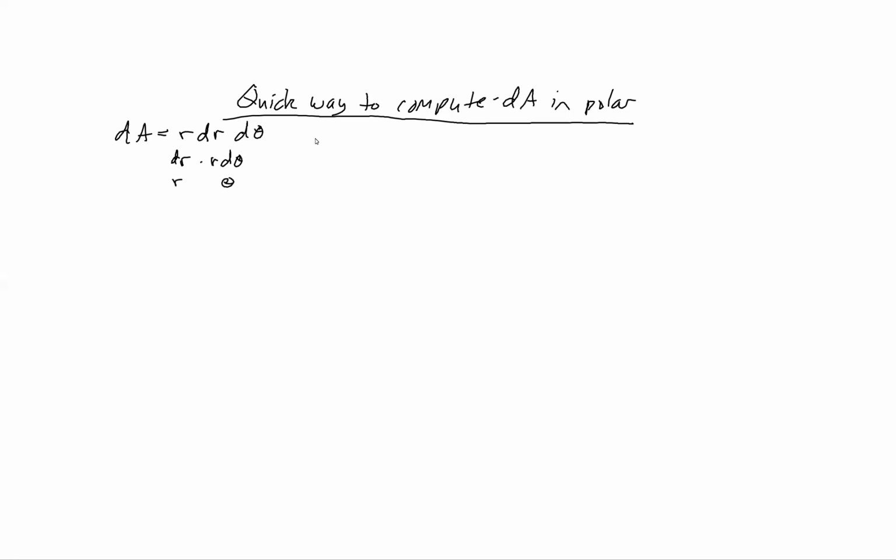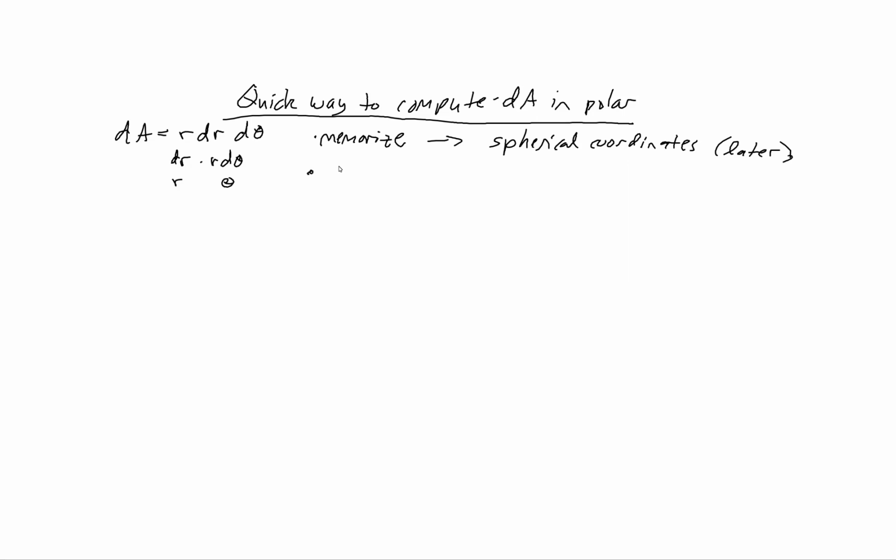So you can memorize this, but this does not really translate well to spherical coordinates, which will show up later, but I want a way that'll work in both cases.